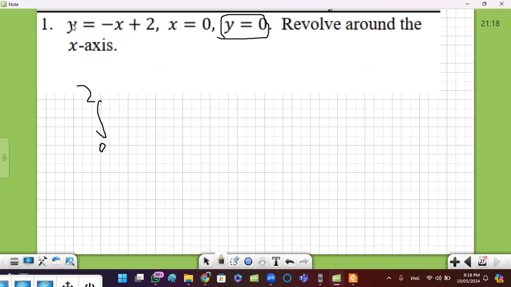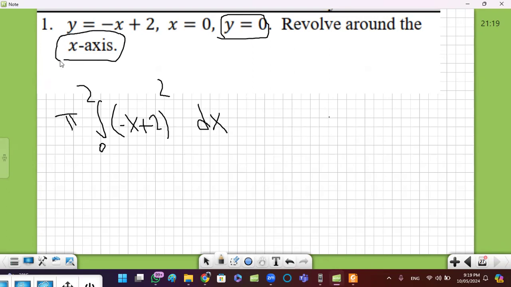Put here 0. So 0, we put x on the other side, it will be 2. Now I want to revolve, pi. I take this negative x plus 2. This is the radius, we have power 2, minus 0, y equals 0, dx. Because this is a revolution around the x-axis, right? Yes. Teacher, why is it power 2? Because r to the power 2.